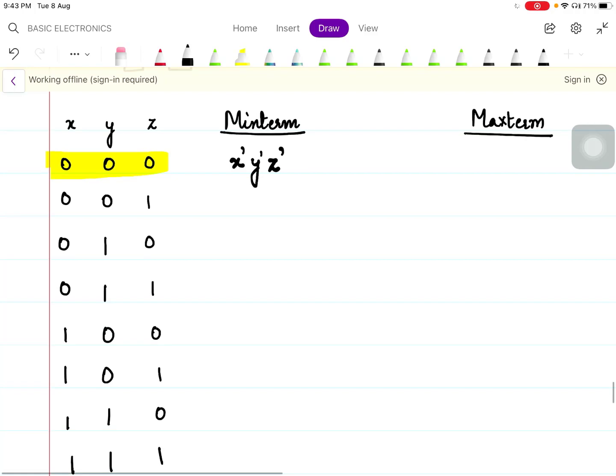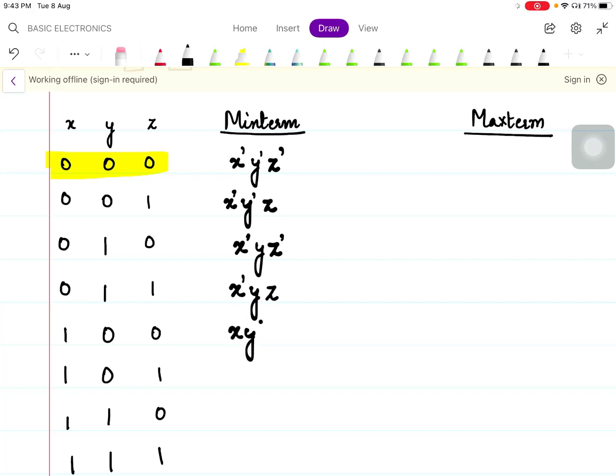Similarly, for the next combination, x is 0, so x bar, y is 0, so y bar, and z is 1, so it will be only z. Similarly, for another combination, x bar, y, z bar. For another one, it will be x bar, y, z.